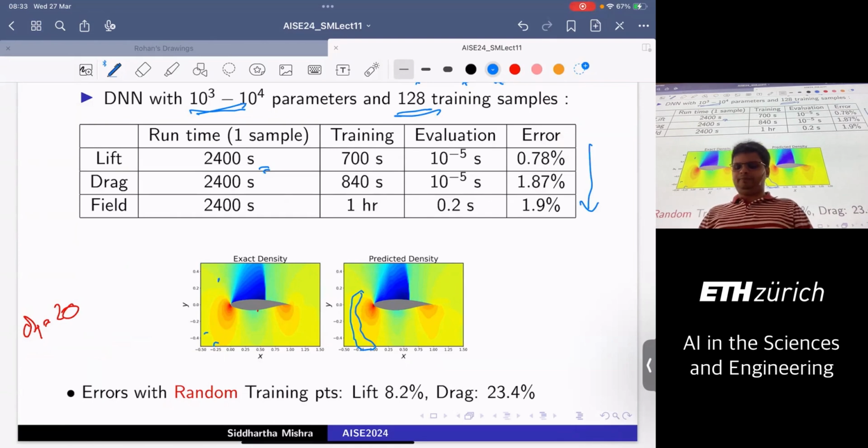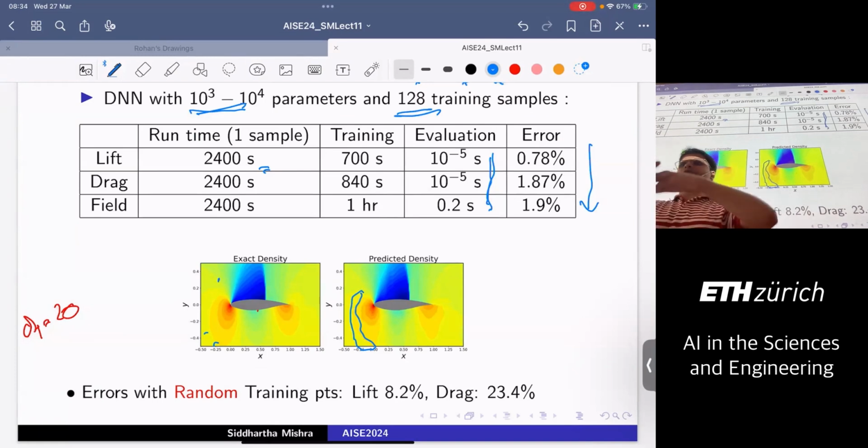But the most impressive number is what you see here, right? Remember that the underlying simulation took me 40 minutes. If I wanted to predict the lift and the drag, which are the real quantities of interest here, it would take me 40 minutes because I have to compute the flow field. Then I have to compute some integrals. These integrals will take me, I don't know, 10 seconds to compute. That's not the problem. It's the flow field that takes a lot of time, right?